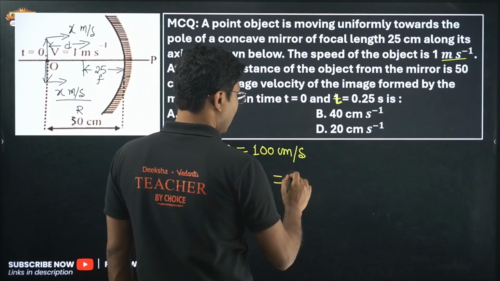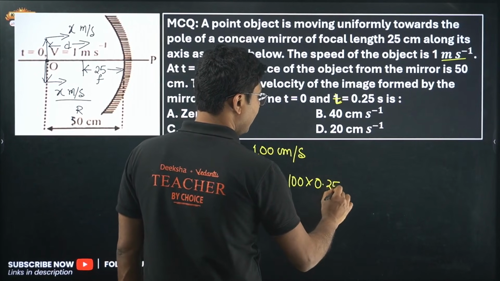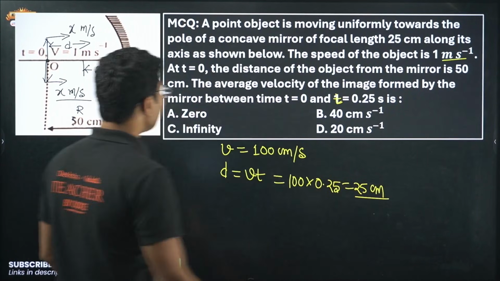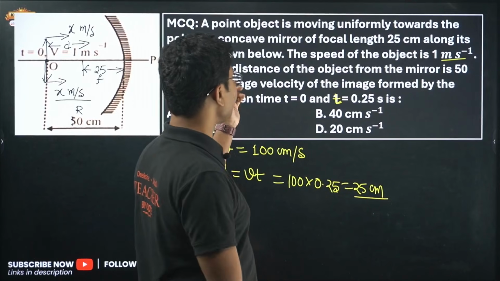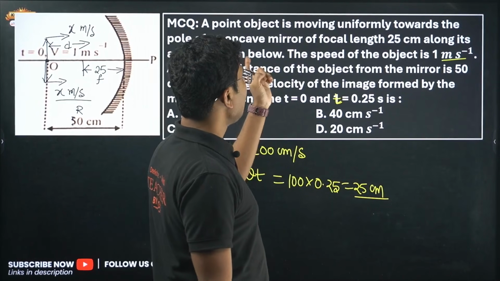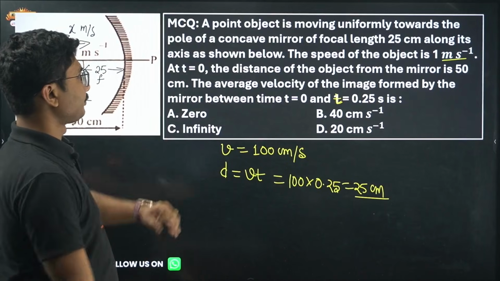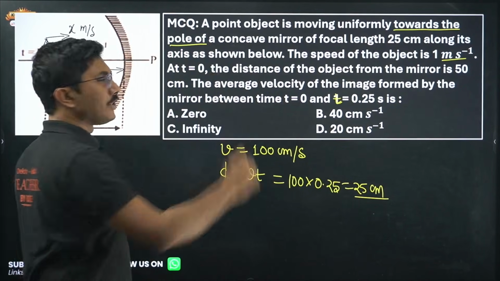So 100 into 0.25, that is 25 centimeter. So the object moved towards the mirror by a distance of 25 centimeter. It is mentioned that the object is moving uniformly with a speed of 1 meter per second towards the mirror.